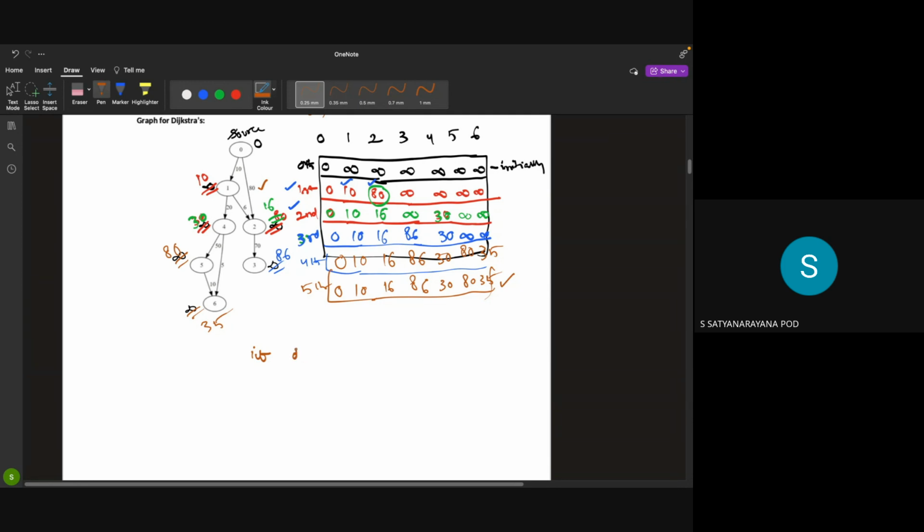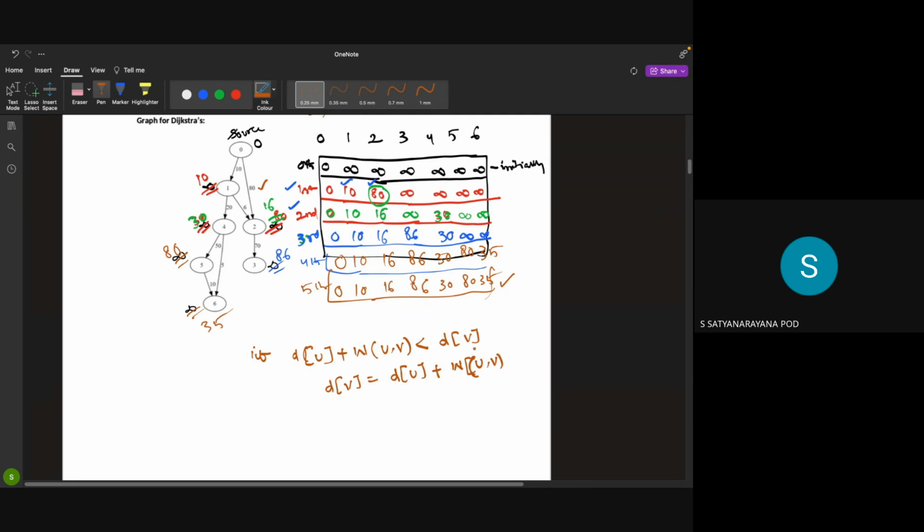If the distance of vertex u plus the edge from u to v is less than the distance of v, then we update the reachability for v to the distance of u plus the edge weight from u to v, which is a tuple.